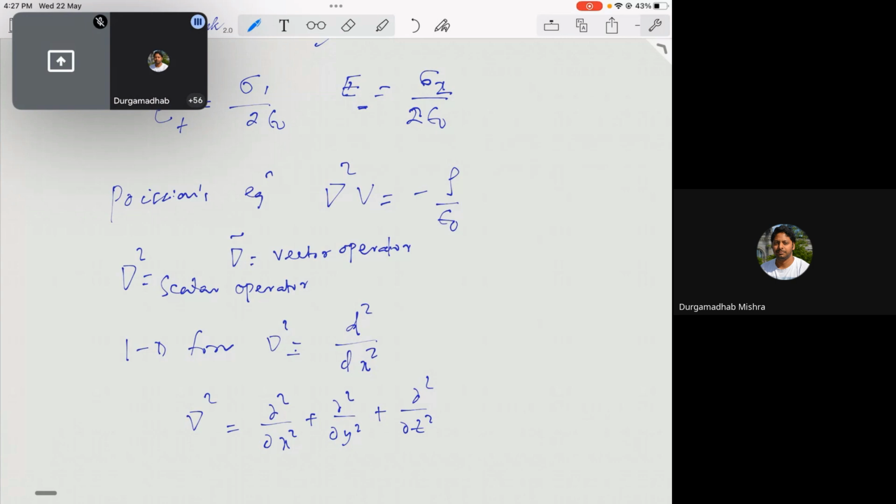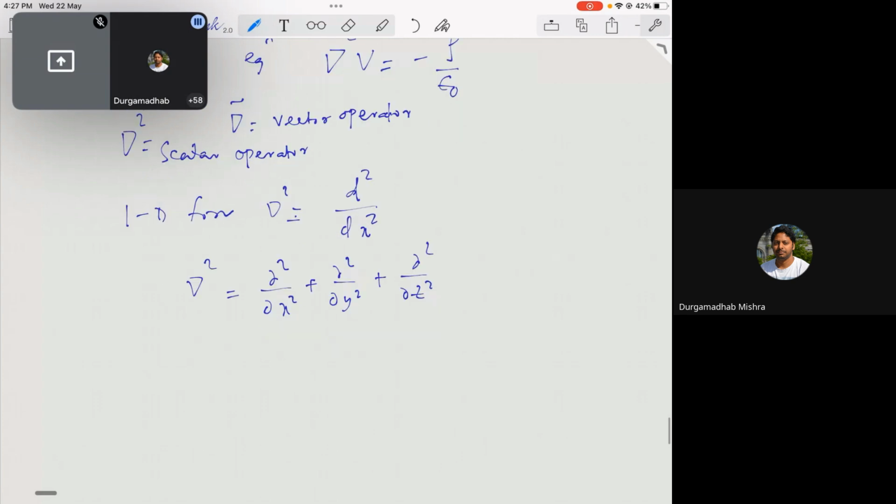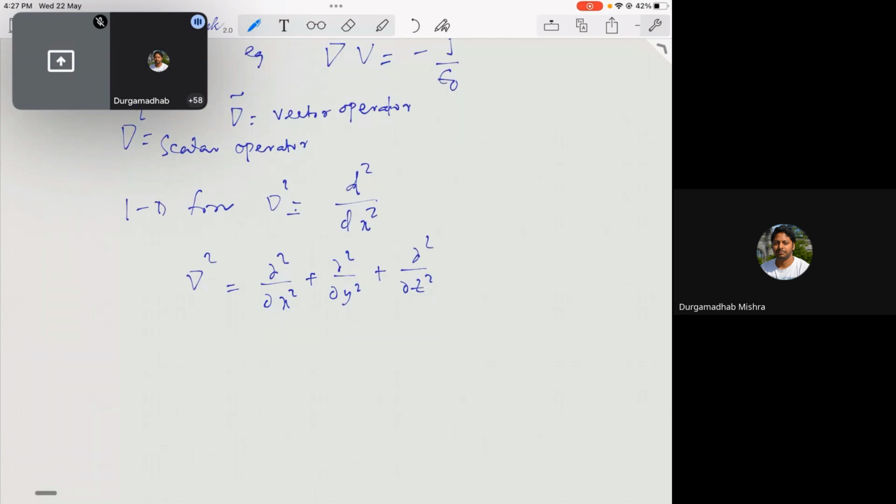This will also have a different form if we talk about spherical polar coordinates or cylindrical coordinates, so the form will change. This is your Poisson's equation, and you can also write del square V is equal to 0, which is your Laplace equation.